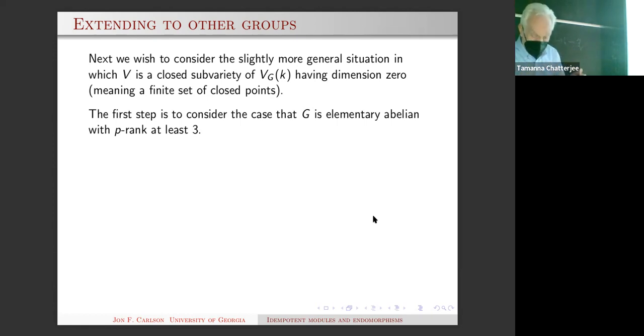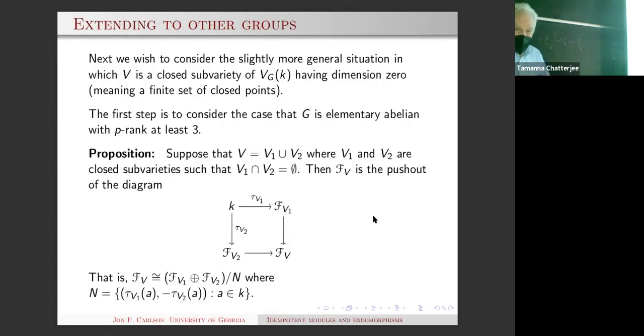As I say, the first step is to go with G an elementary abelian P group. I kept thinking that this ought to be really, really easy to do. It's not, or at least I haven't been able to figure out an easy way to do it. The first thing you want to do is go from the 1-point case to several point cases, which means that V is going to be a union of several 1-point subvarieties.